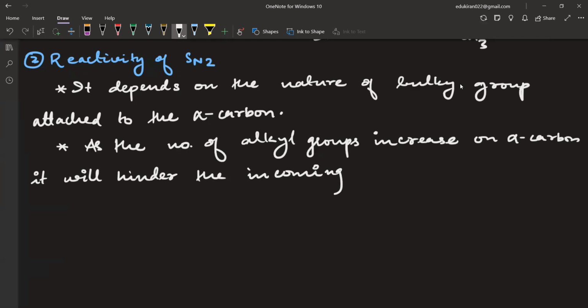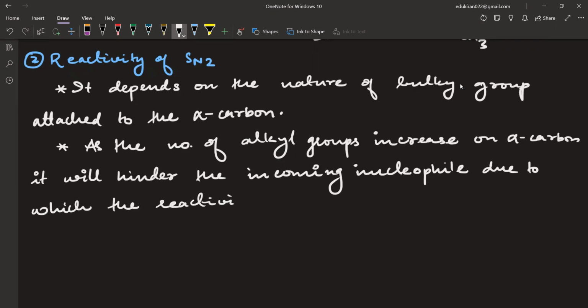It will hinder the incoming nucleophile because we said that it attacks from the back side, because on the front side we already have a halogen atom. Due to which the reactivity of Sn2 decreases.